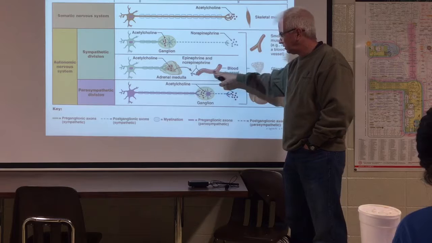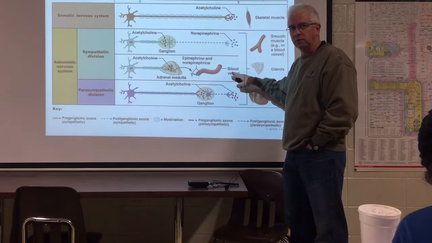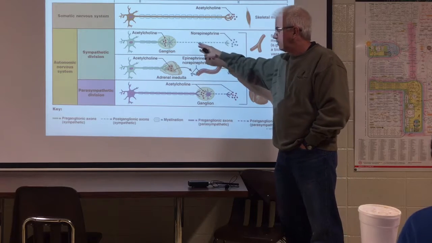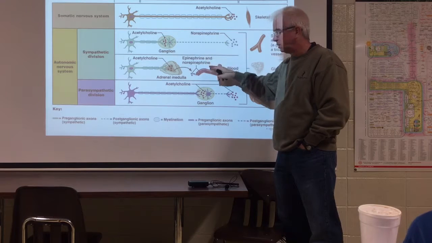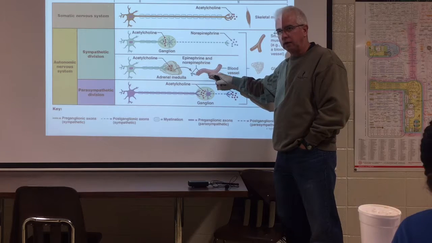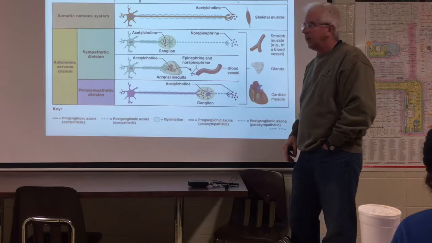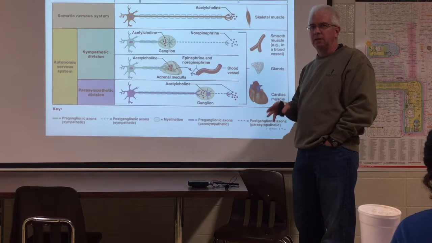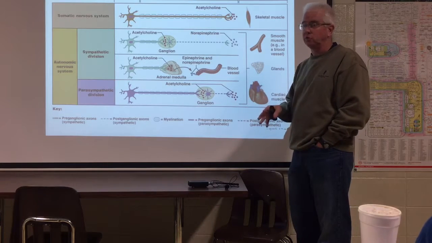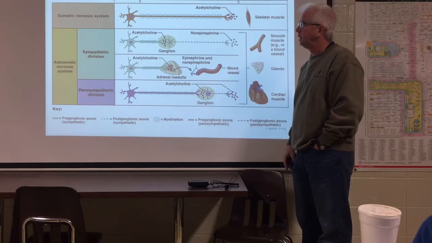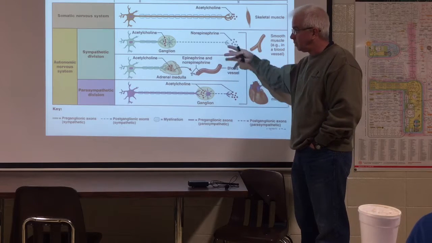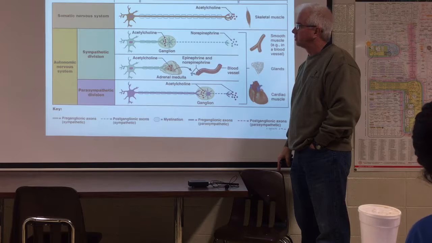This signal, as you can see, has to make its way through the circulatory system. This one is fast and short-acting, and this one is slow and long-acting. So an adrenaline response, a sympathetic response, has both features, and this picture explains the neuroanatomical connections that describe that.